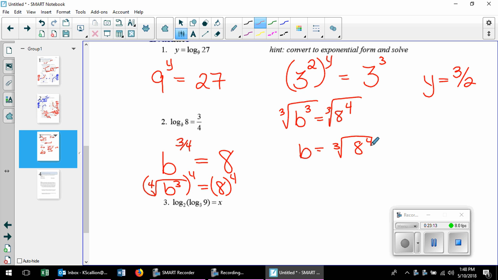No, we're going to do it without a calculator. It doesn't matter what order you do them in, whether you do roots or exponents. So what would I do first? I cube root it, because what's the cube root of 8? So it's 2 to the exponent 4.